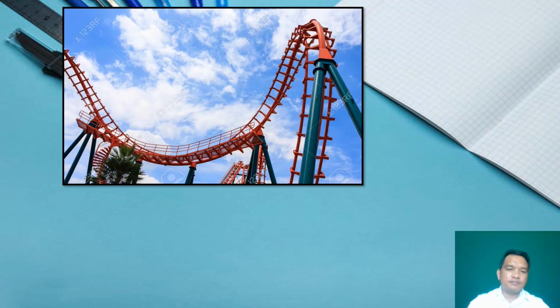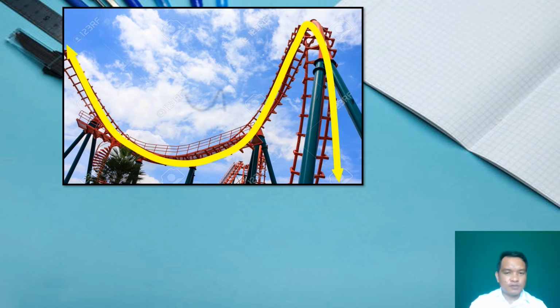Meron tayong larawan. Anong nakikita natin sa larawan? Ito ay isang rail ng isang roller coaster ride. Meron ba kayo nakikitang graph ng polynomial function dyan? Meron. Ayun. Meron tayong graph of a polynomial function.